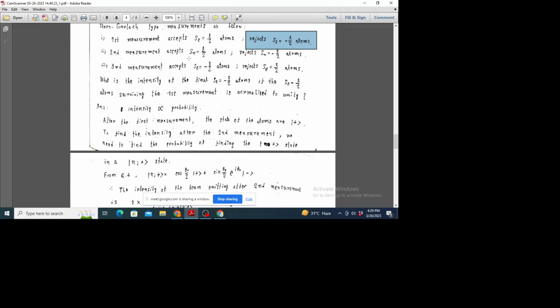Classically we would have expected that this probability is going to be 0, but quantum mechanically we see that that is not the case. So the final intensity is a non-zero one, and the answer is this.